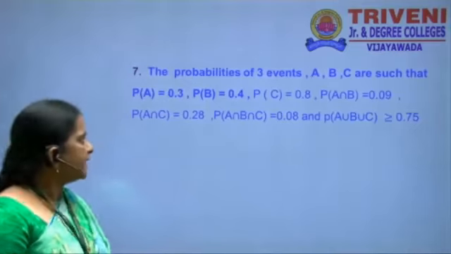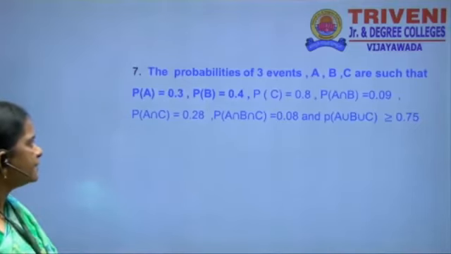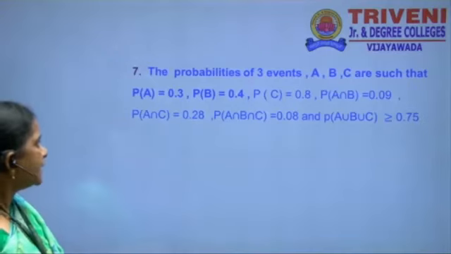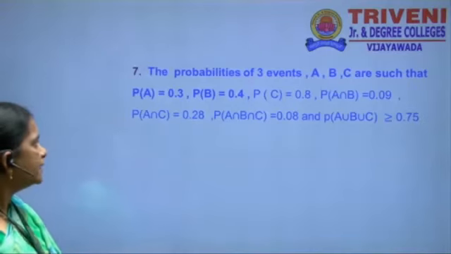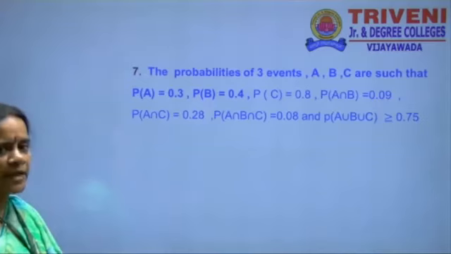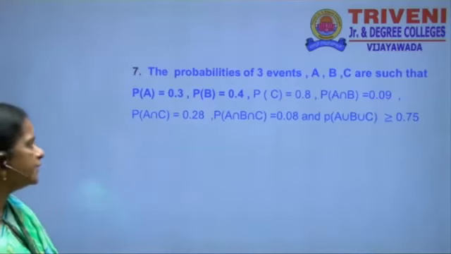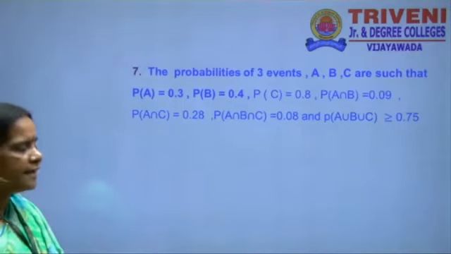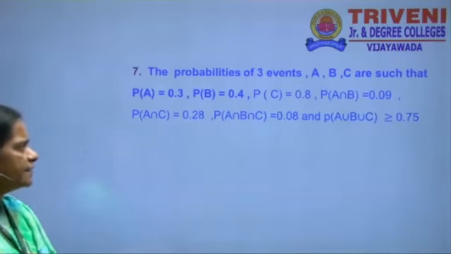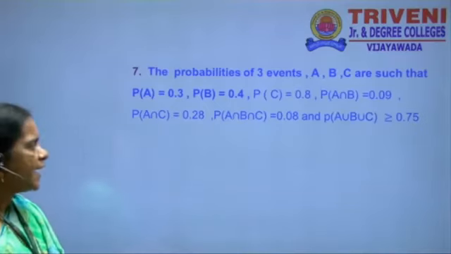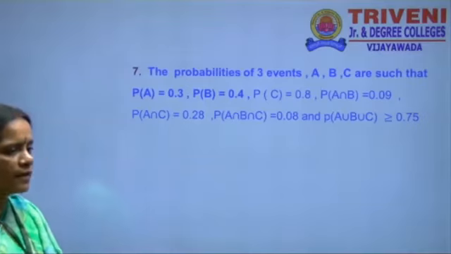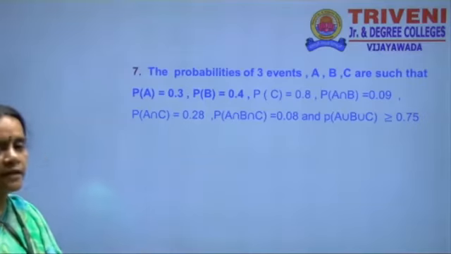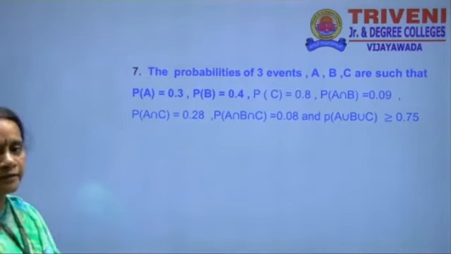The probabilities of three events A, B, C are such that P of A is equal to 0.3 and P of B is equal to 0.4 and they have given P of C is equal to 0.8. P of A intersection B is equal to 0.09 and P of A intersection C is equal to 0.28. A intersection B intersection C is 0.08. Then find, and they have given the value, P of A union B union C is greater than or equal to 0.75.